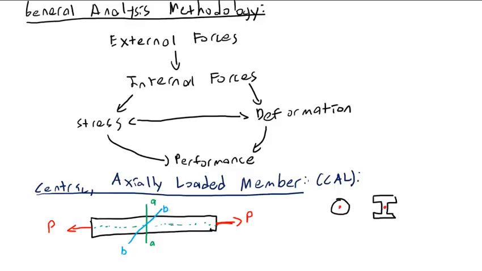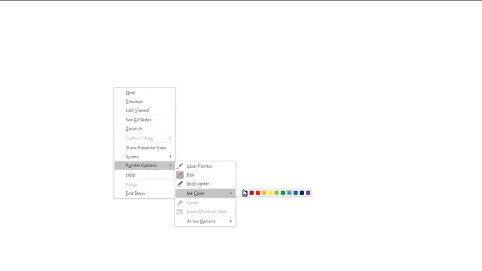So I'm going to do a free body diagram of each of these and analyze what kind of internal forces we have. So any questions on this so far? Okay. Let us look at cut AA.